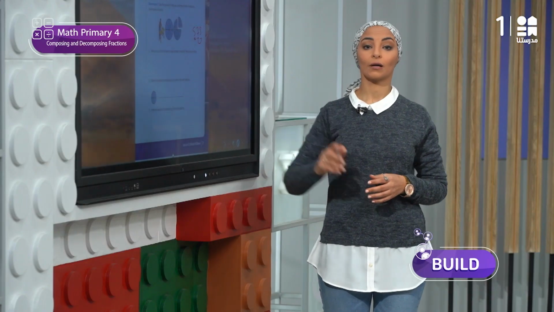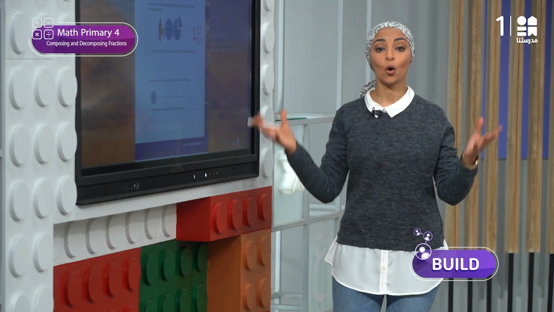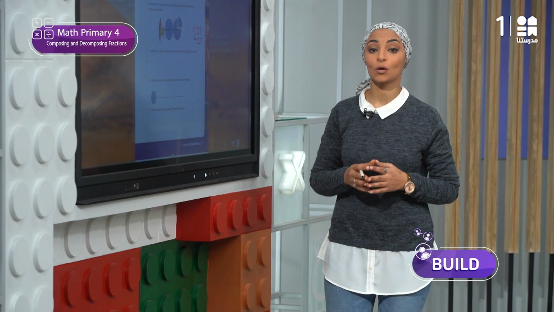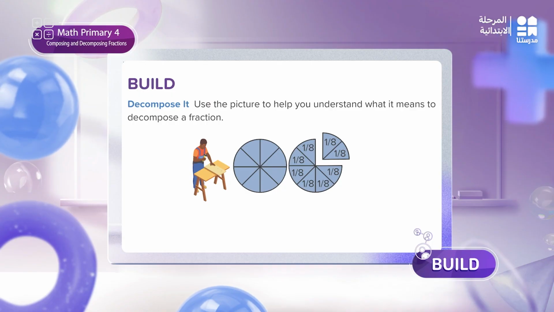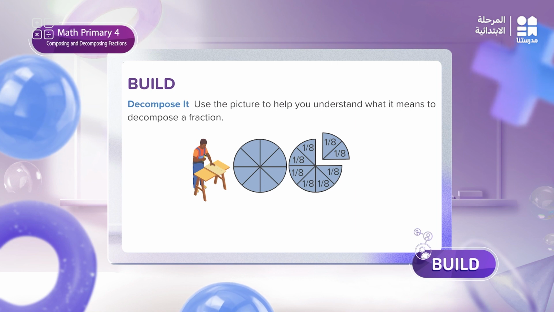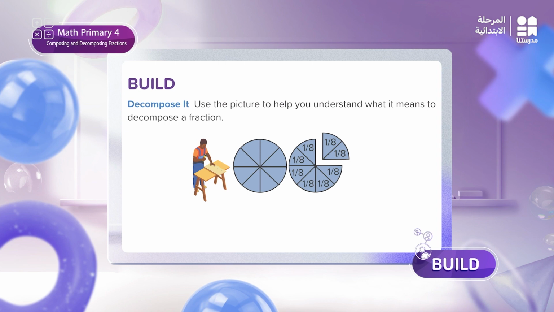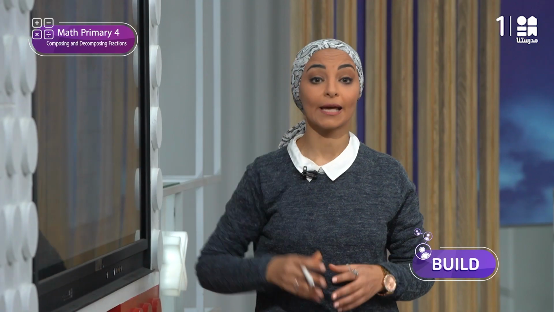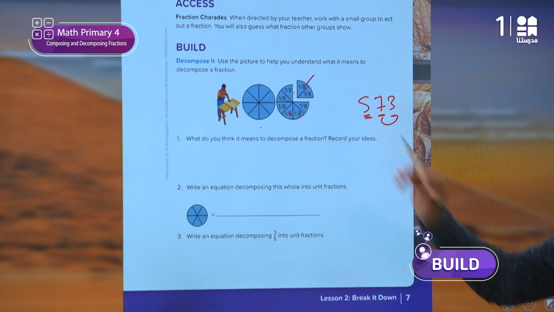What is the carpenter doing here? He has a whole desk that represents a whole number. When he cuts it and breaks it down into 8 parts, what was the value of each piece? Yes, it was 1 over 8.